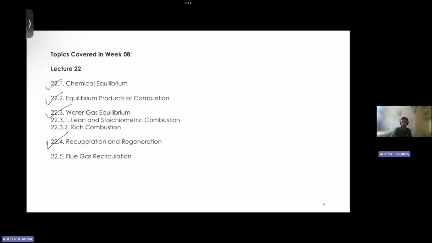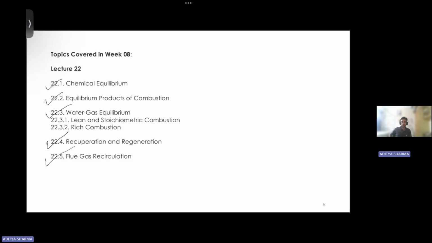So same is the regenerator. A regenerator transfers the energy from your flue gases to your incoming combustion air. Okay. So this was recuperation, and then we recirculate the flue gases, to enhance the efficiency of the combustion of your fuel.